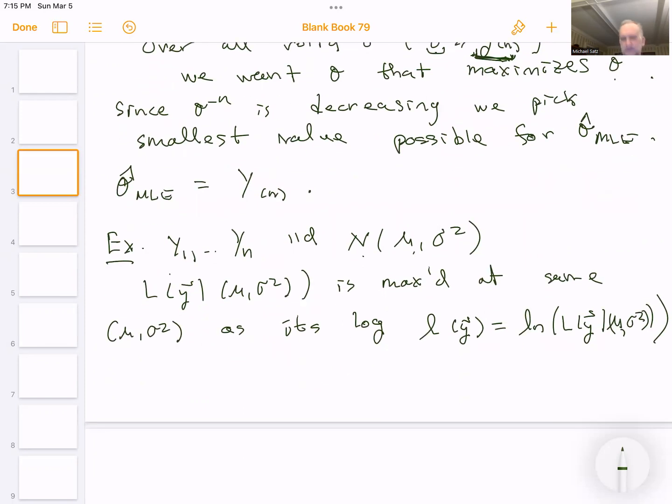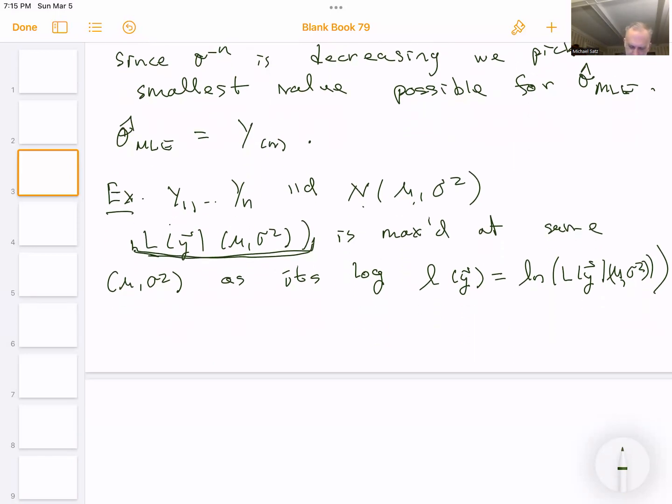Okay, so I'll take this function here, and we'll take the log of it, and maximize the log over mu and sigma squared. That same pair that maximizes the log will maximize the likelihood as well.